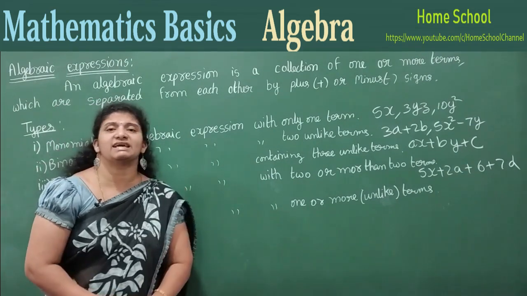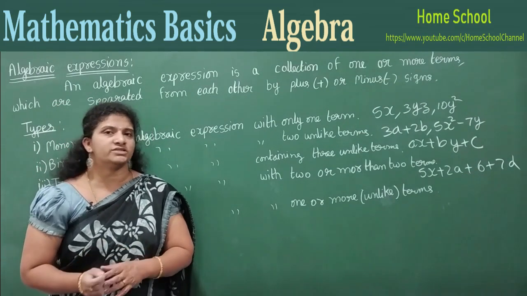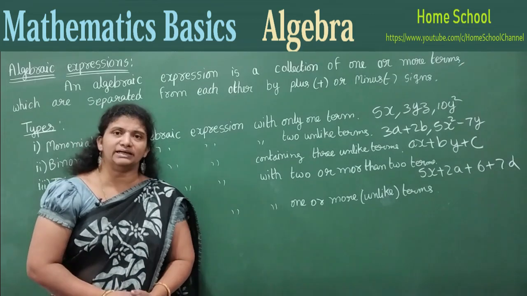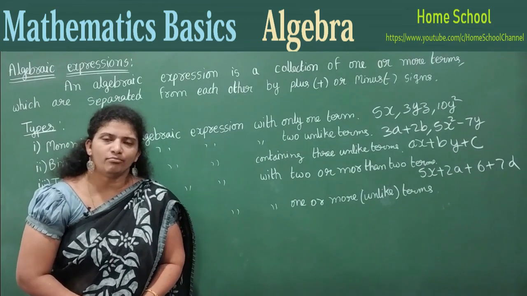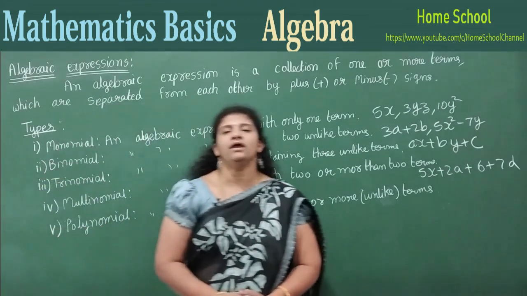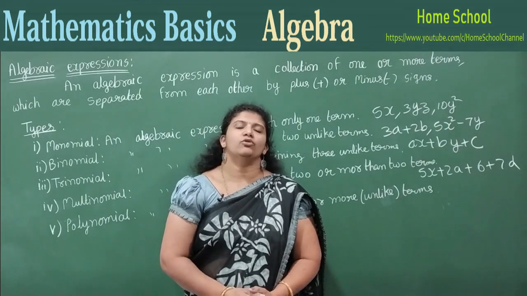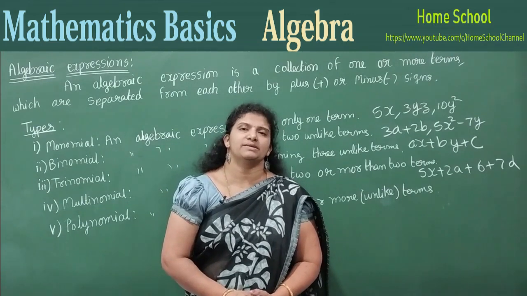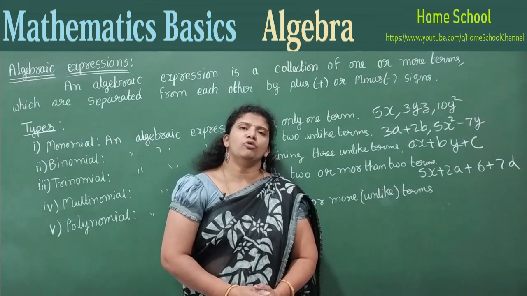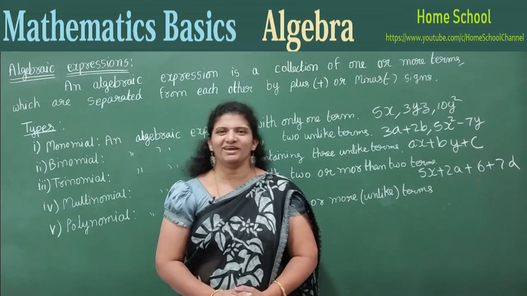An algebraic expression is a collection of two or more terms separated with a positive or a negative sign. If you have only one term, we call it a monomial. If you have two unlike terms, a binomial. Three terms, trinomial, and more than two or three, multinomial. Polynomial, one or more unlike terms.